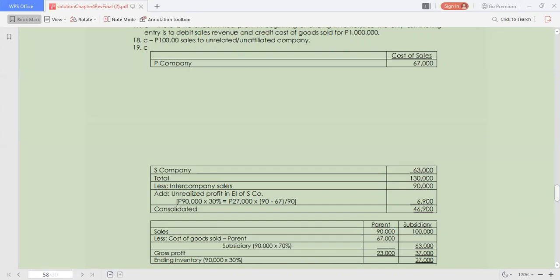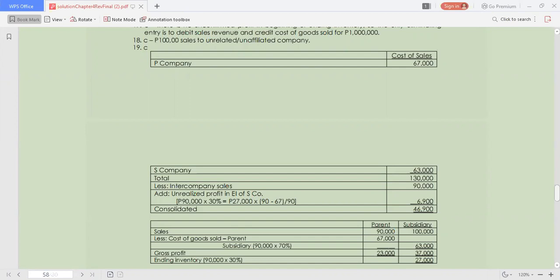19. What amount of cost of goods sold will be reported in the 20x4 consolidated income statement? So in 19, we have now a P company with the cost of sales equal to 67,000. Scrooge produced inventory sold to Pilfer for 67,000. So we have now the companies had no other transactions.